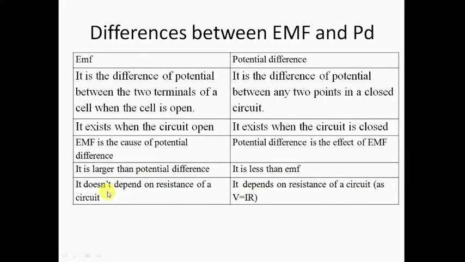As we know, EMF is the potential difference when there is nothing connected to the circuit, like an open circuit. But potential difference depends on the resistance of a circuit, because V is equal to IR. If the value of resistance is more, the potential difference will be more, but EMF is independent of the resistance of the circuit.